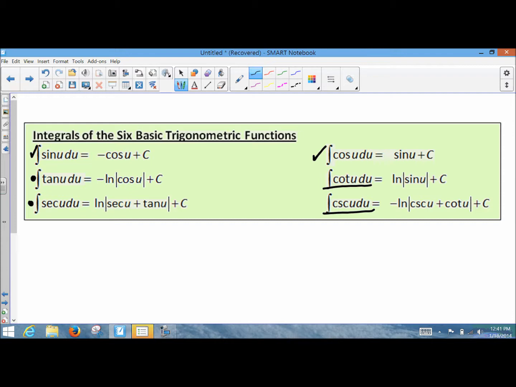As far as memorization, I do have 2 things that I can share with you. First of all, for the integration of secant, having the words secant and tangent in it, as a student, I always memorized the fact that the derivative of secant I knew was equal to secant times tangent. So the derivative of secant had the words secant and tangent in it.